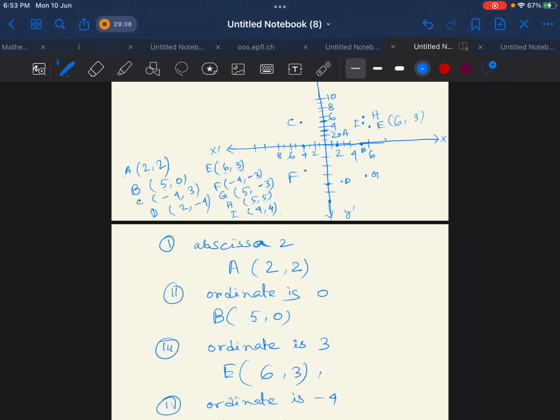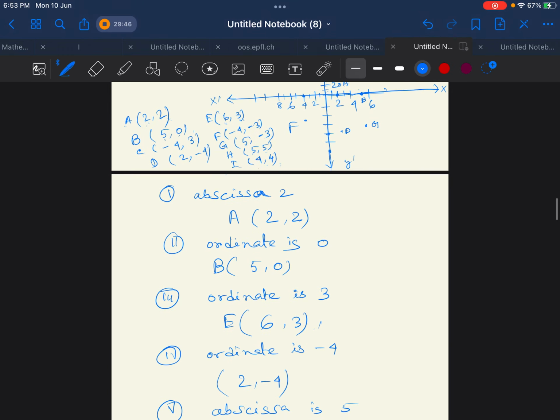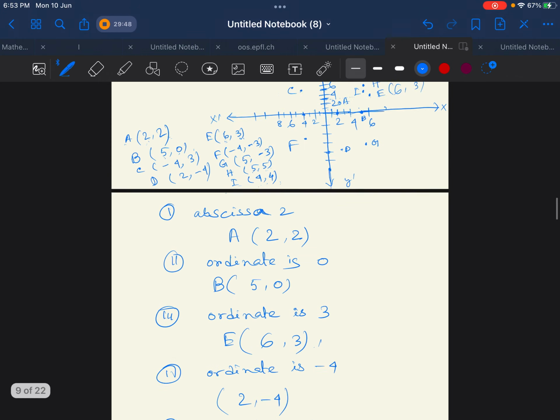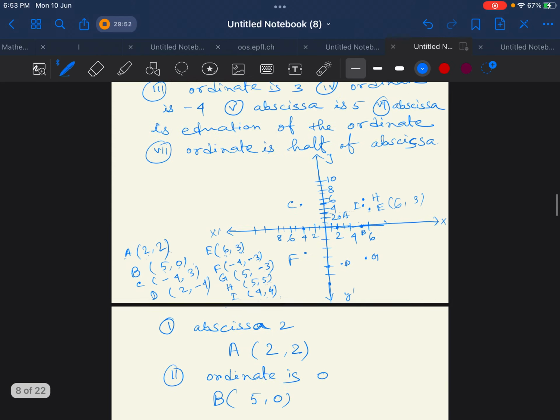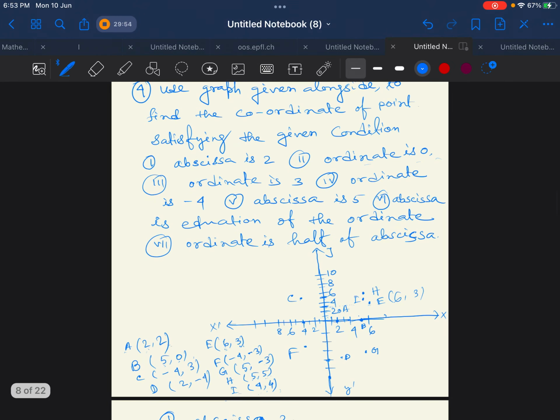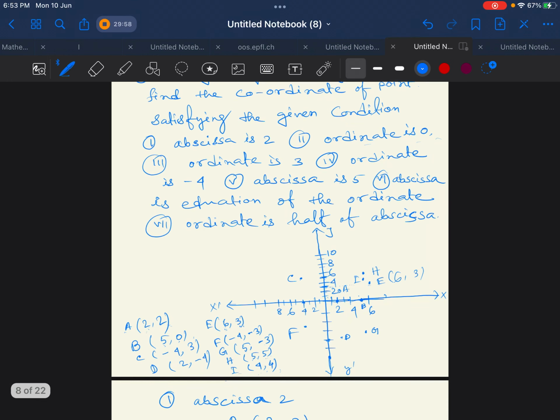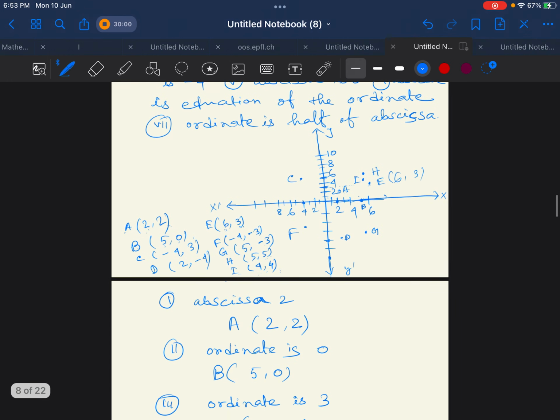1, 2, 3, 4, 5. So this is E (6, 3). Only this point where ordinate is 3 and the abscissa is 6. Fourth condition, ordinate is minus 4.